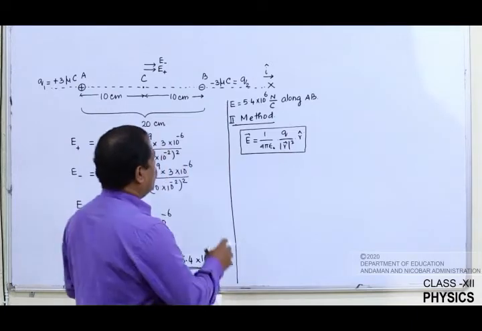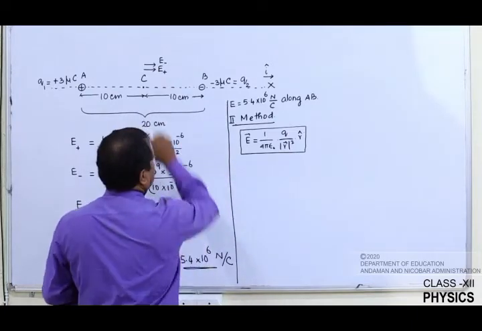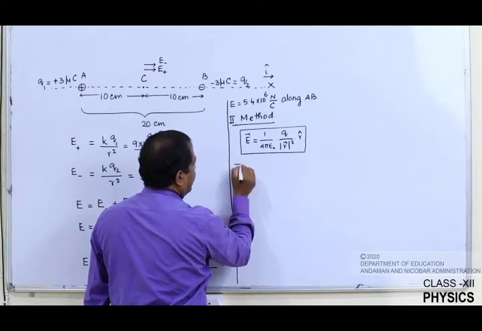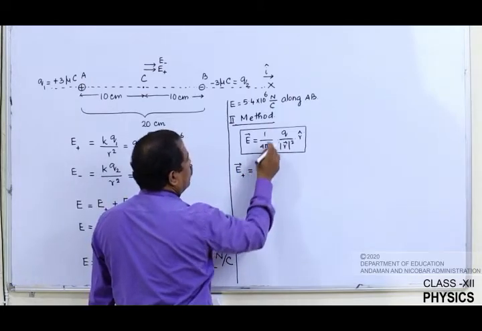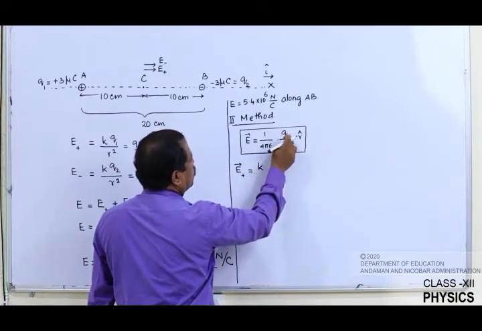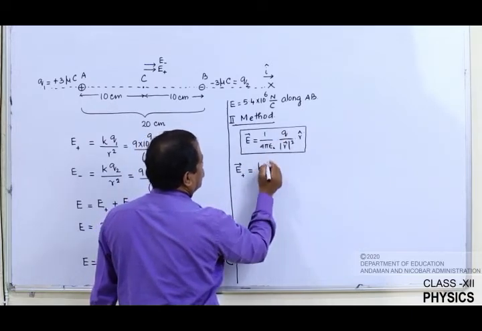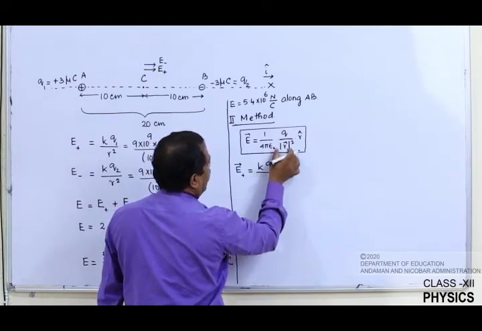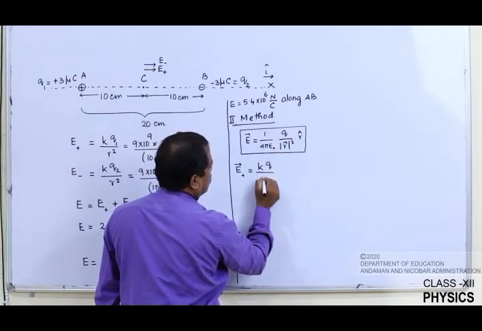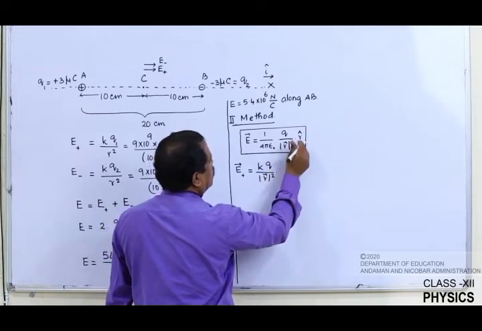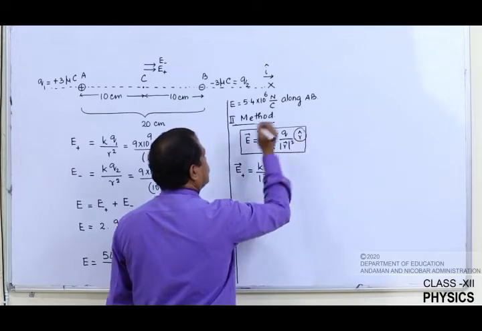So let us try to calculate the electric field due to the positive charge. So E plus, this is a vector, is equal to 1 by 4 pi epsilon naught, usually we write K Q by R square for us, into unit vector i. Unit vector i represents direction.